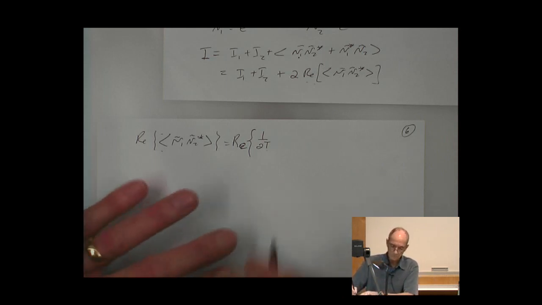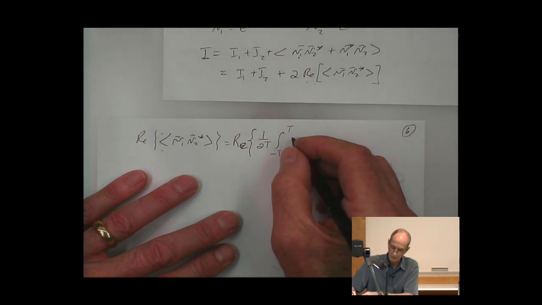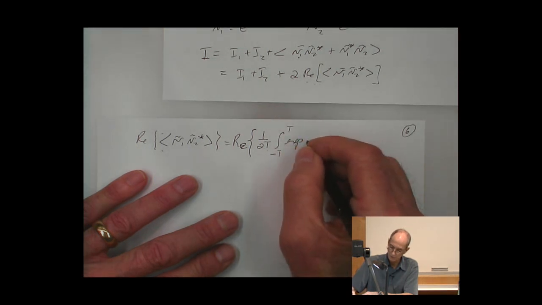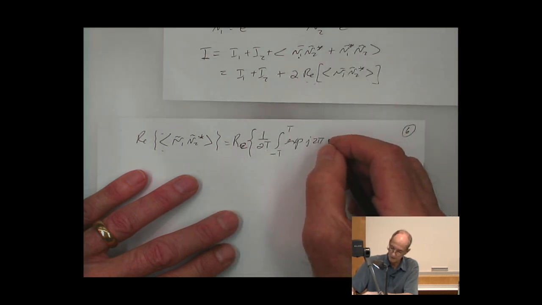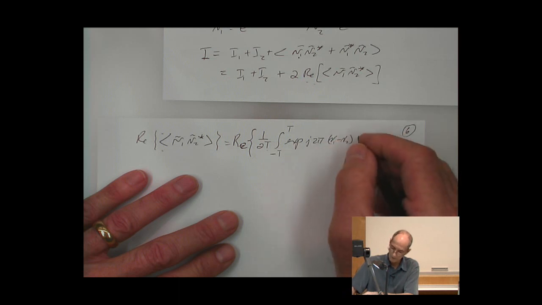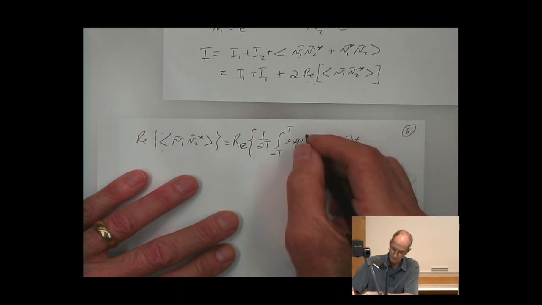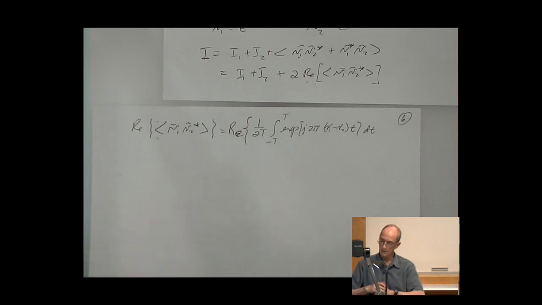And so here we have the integral from minus T to T of the exponential of j 2 pi, using nu 1 and nu 2, so nu 1 minus nu 2 times t, integrated over dt.